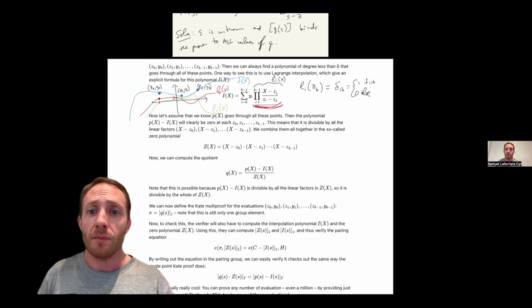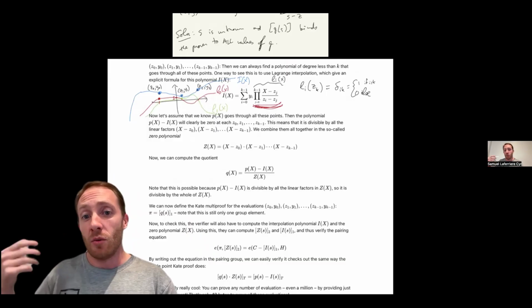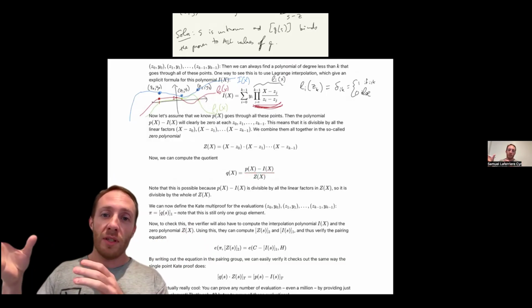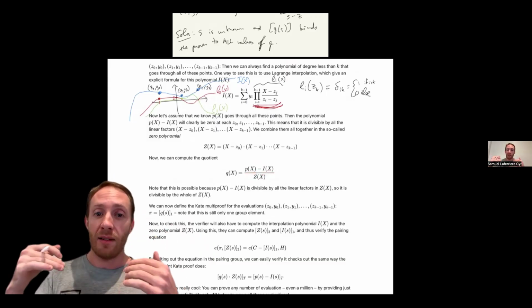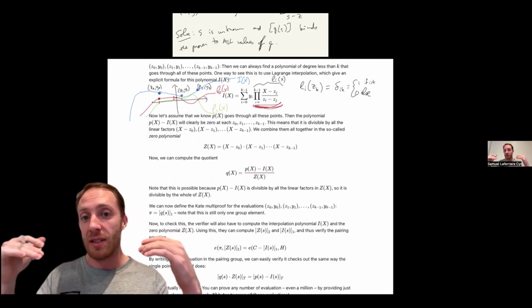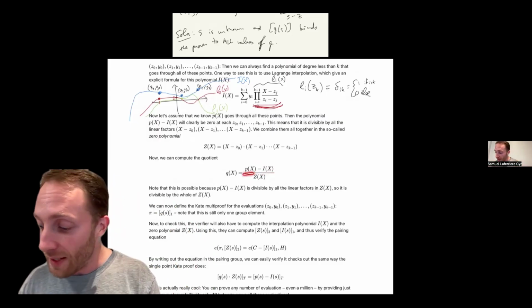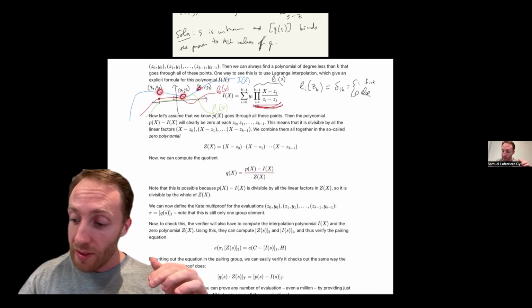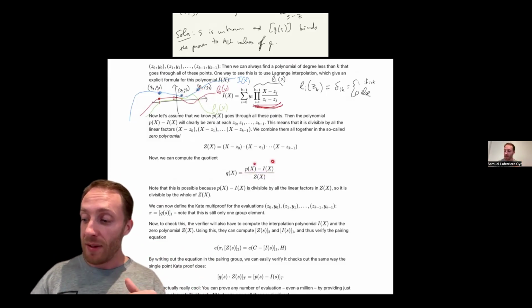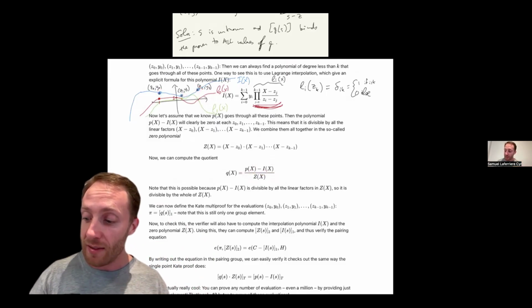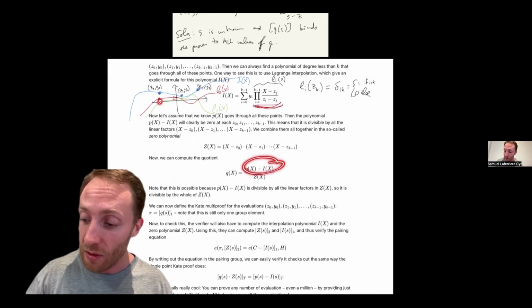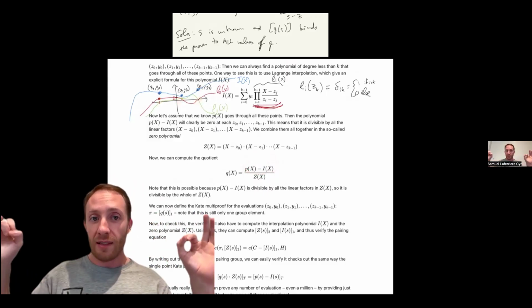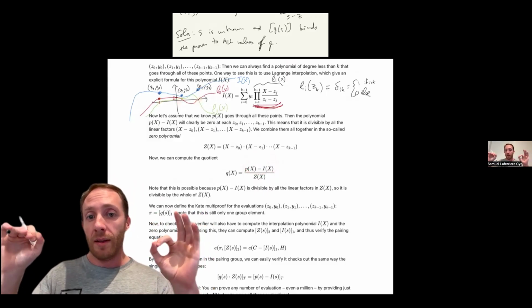And then once we have this, you play the same trick. You have p of x, you do minus I of x. So p of x and I of x are both equal at these points, meaning that if I subtract I of x from p of x, I know that this resulting polynomial is zero at all of the z points that I'm trying to open.